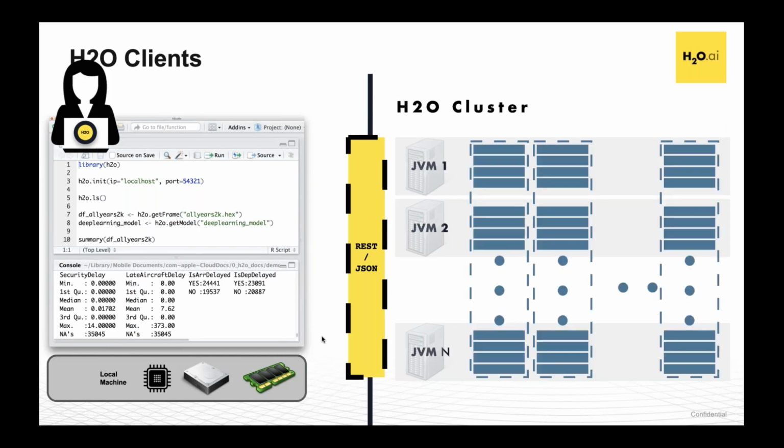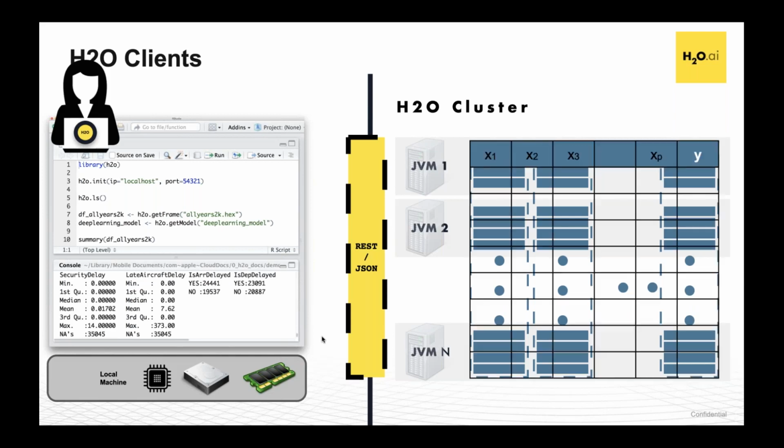On each of those nodes, there would be a portion of your data set, a portion of each column. So the representation is really a columnar one with a lot of optimization and compression. This kind of shows you how your data set that comprises x1 to xp columns for your predictors, and the y column for your target, would be distributed across the cluster.